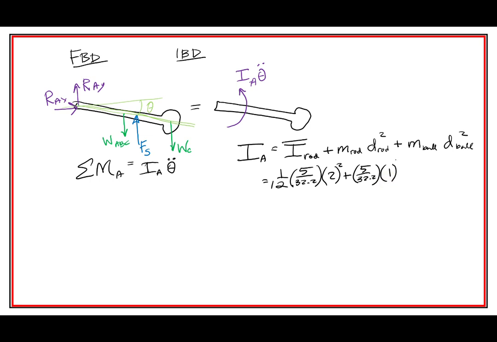It's squared, but it doesn't matter because it's 1, plus the mass of the ball, which is over 32.2, but it's got to be moved 2 feet, and that's squared. So I end up getting 0.5797, and these are slug feet squared.